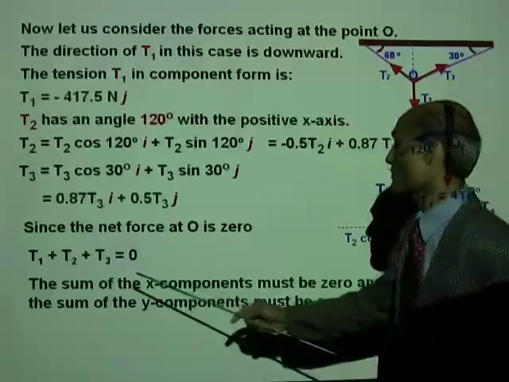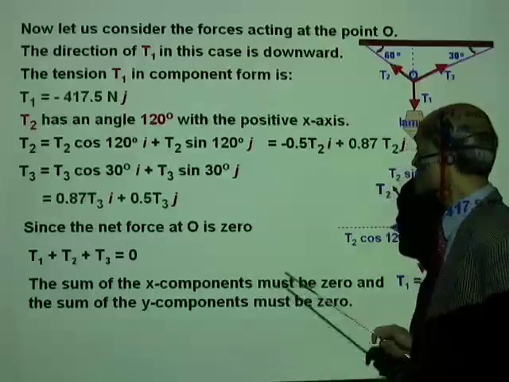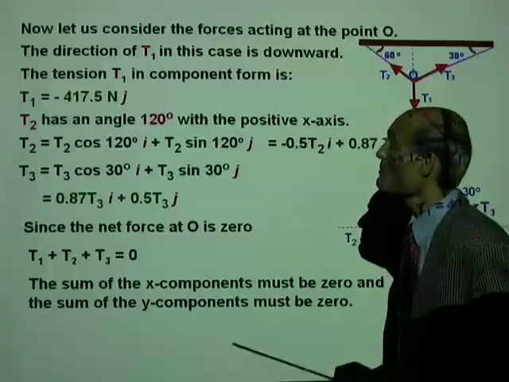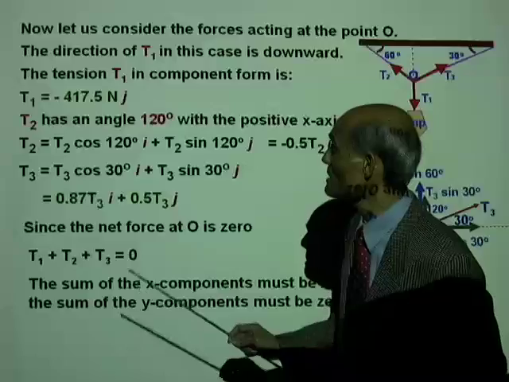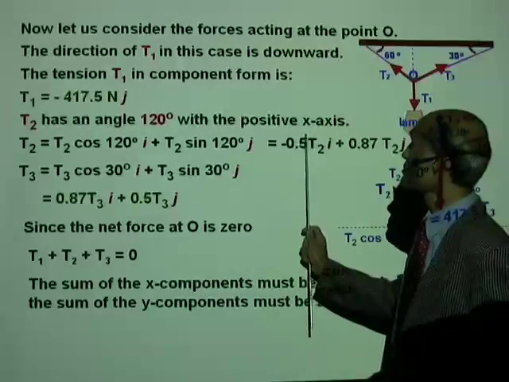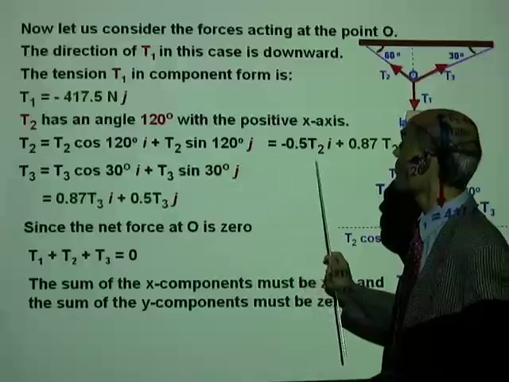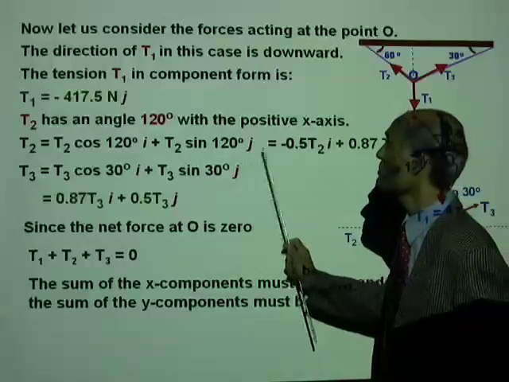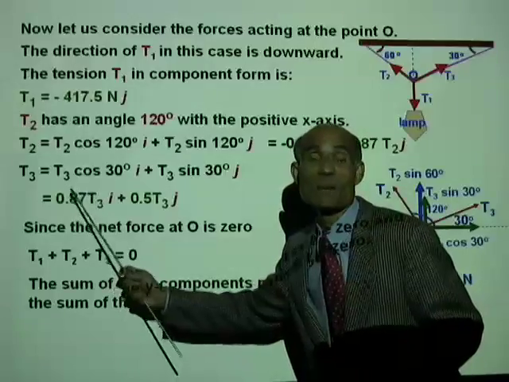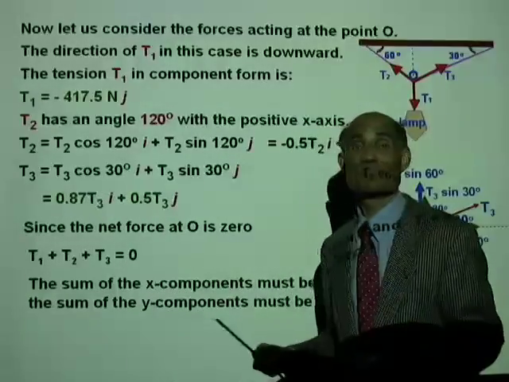So the sum of the x components must be 0, and the sum of the y components must be 0. That means if you add the x components, negative 0.5 T2 added to 0.87 T3 must be equal to 0.